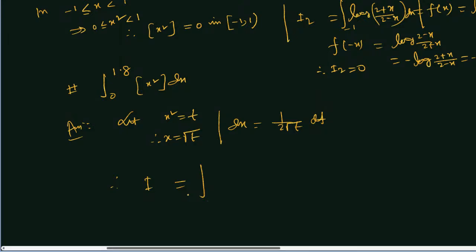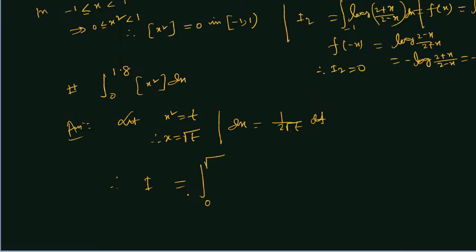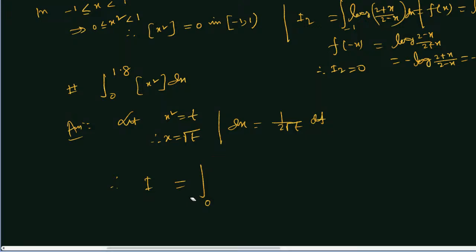0 to, when x is 0, t is 0. When x is 1.8, then this is going to be 1.8 squared, which is 3.24. Isn't it? Just put 3.24.